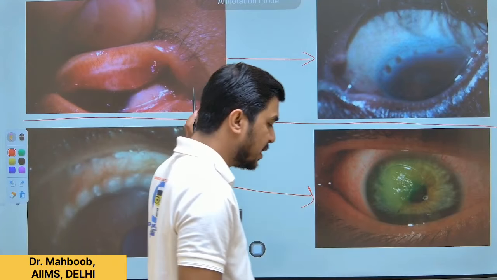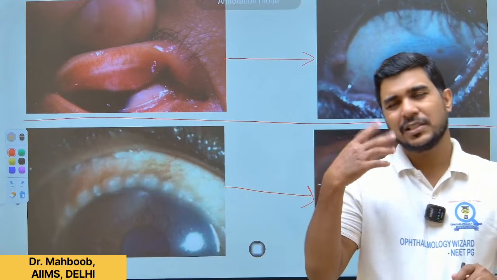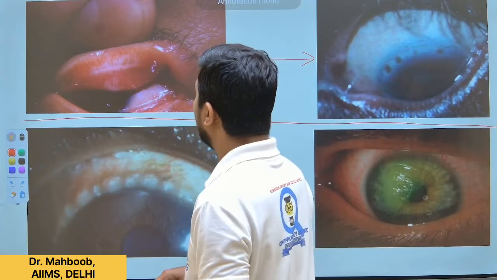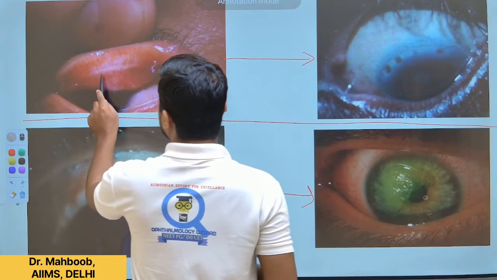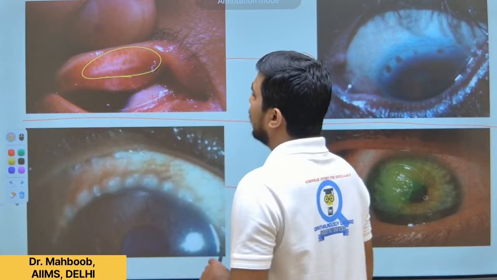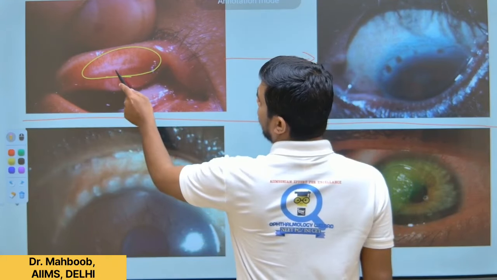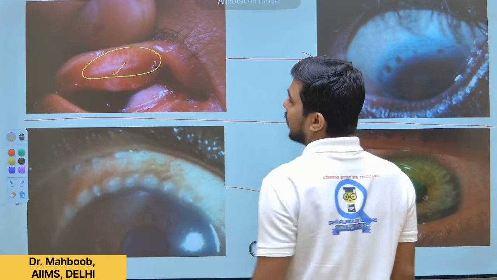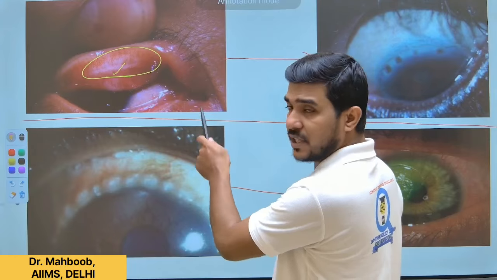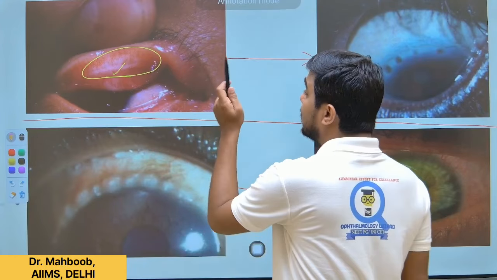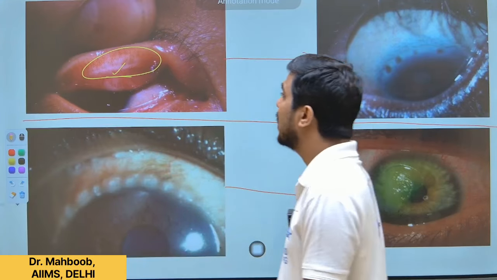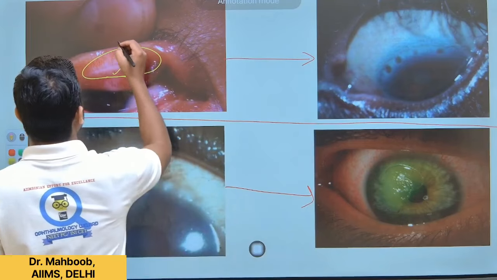Let me tell you what is the above image. It's very clear, it's very obvious. You can see there is a subtarsal conjunctival scarring. If there is subtarsal conjunctival scarring, this is nothing but, what is this?